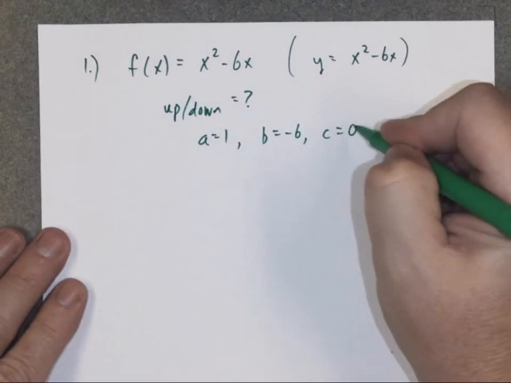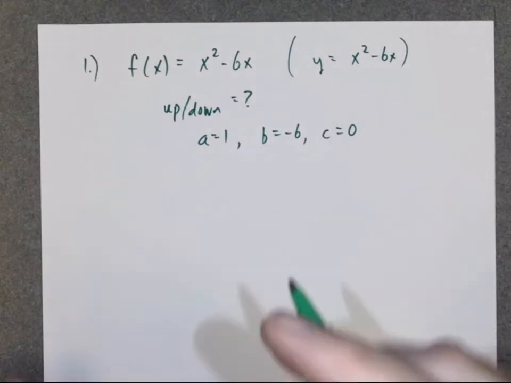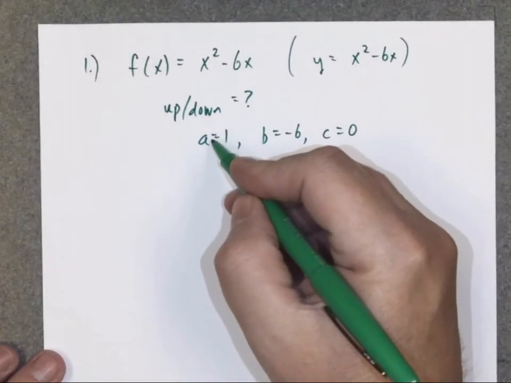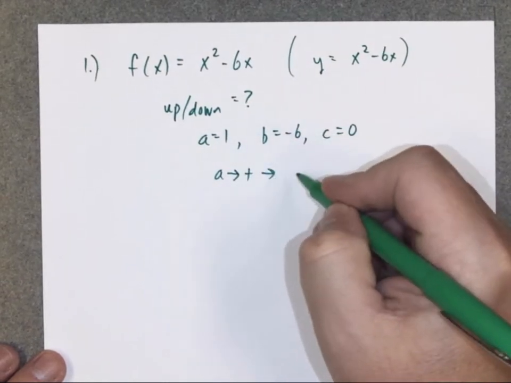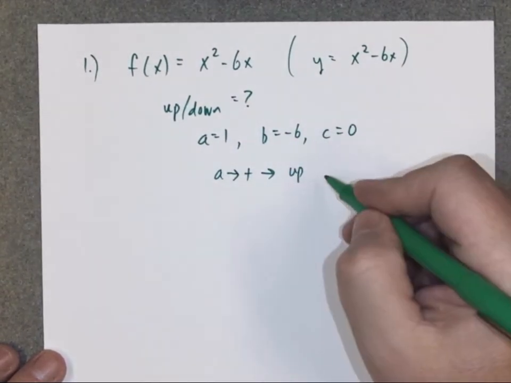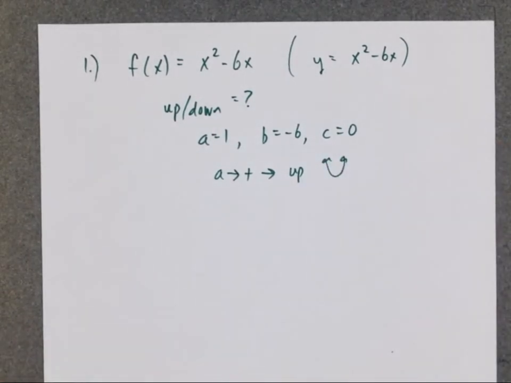So we just say C is 0. So does it open up or open down? What is A? Since A is positive, we know it opens up. So that's the first question, right? Very simple.